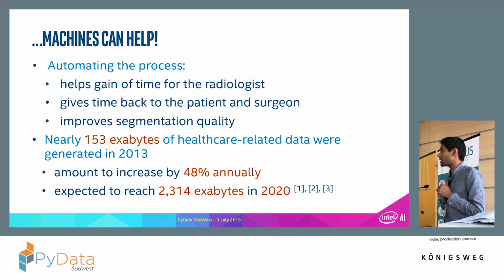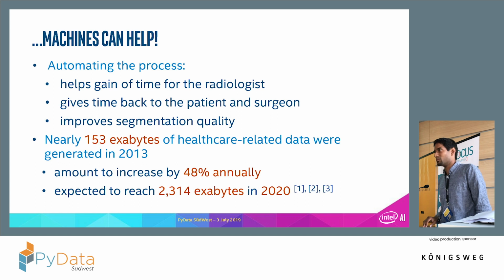And on top of that, if you look at this last part, nearly 153 exabytes of healthcare data, so that's in the medical sector. So much data was collected, and that's only in 2013. And I searched endlessly for data for 2018 and 19. I couldn't find it, but we know that that amount, 153, would reach over 2,000 by 2020.